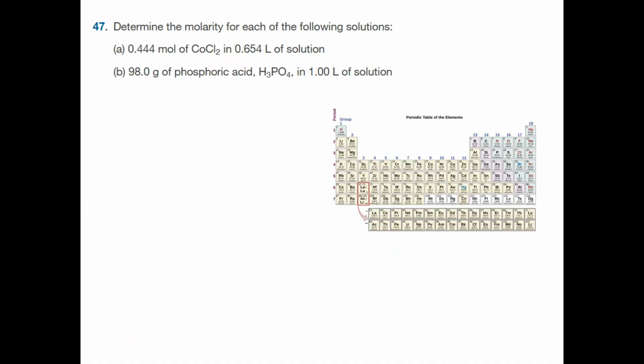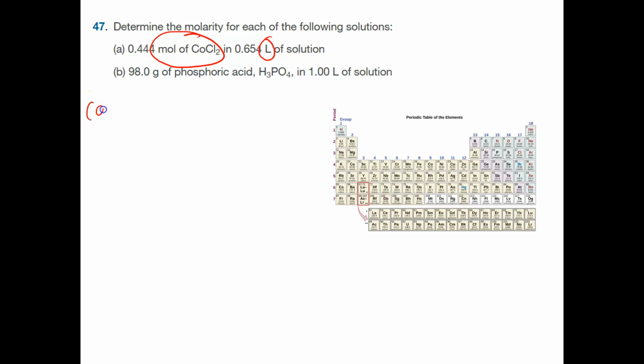So let's have a look at a few problems from the OpenStax book. In problem 1 here, it's relatively straightforward because we're asked to calculate the molarity of a solution where the moles of solute is already given and the volume of the solution is given in liters.